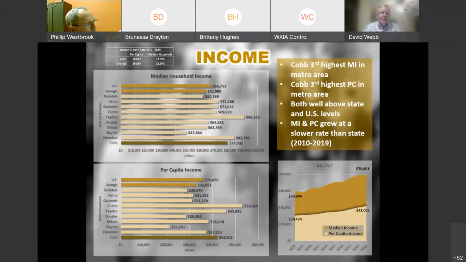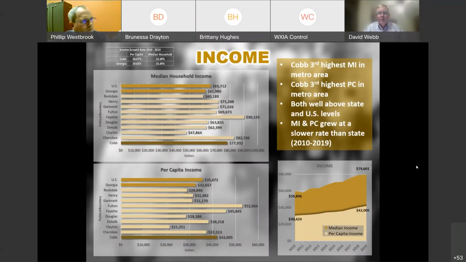And as you would expect, with a pretty well-educated workforce and population, the Cobb County income is fairly high compared to other counties in the area. The median household income is number 3 in the metro region, behind Fayette and Cherokee, and the per capita income is also high, 3rd in the metro region.